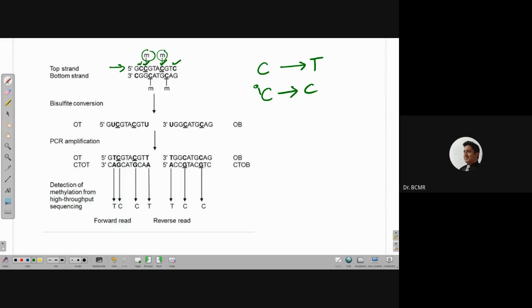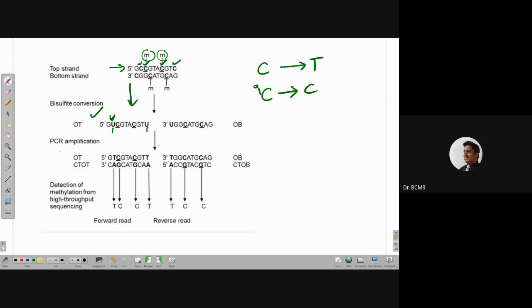Upon bisulfite conversion, all unmethylated cytosines will become uracils. So the unmethylated ones are in the second position and also in the 10th position. I'm only talking about the top strand, this side.